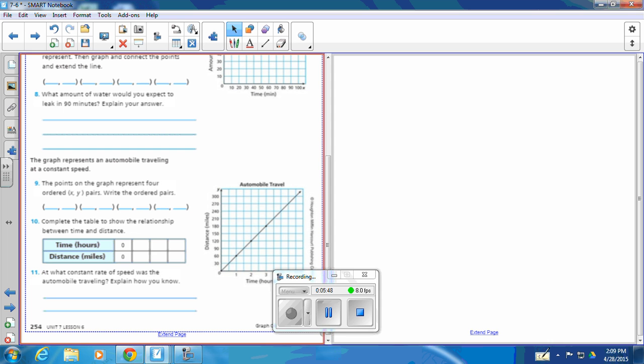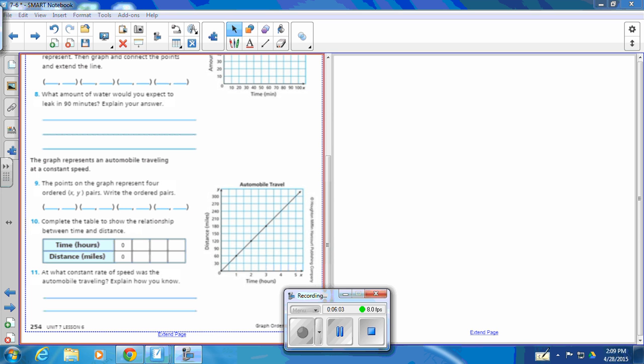Do you see how I went over 1? 1 hour would be 60 miles. How far would it be for 2 hours? 120 miles. How far would it have traveled for 3? 180. And then how far would it have traveled in 5 hours? 300. Okay. So you can use that information to help you.